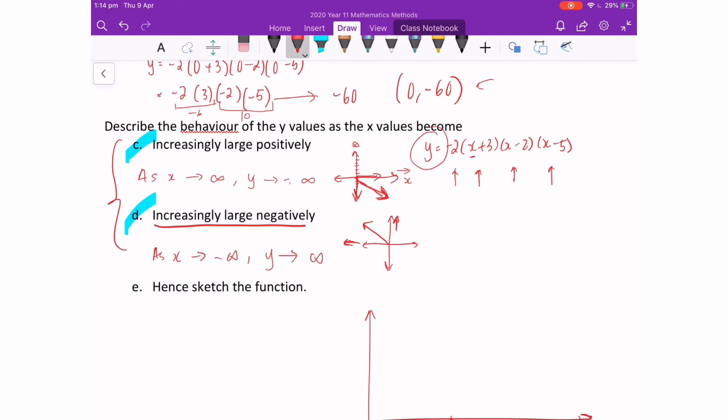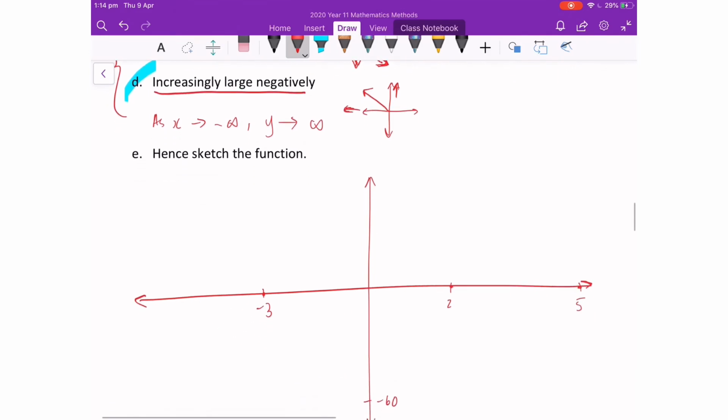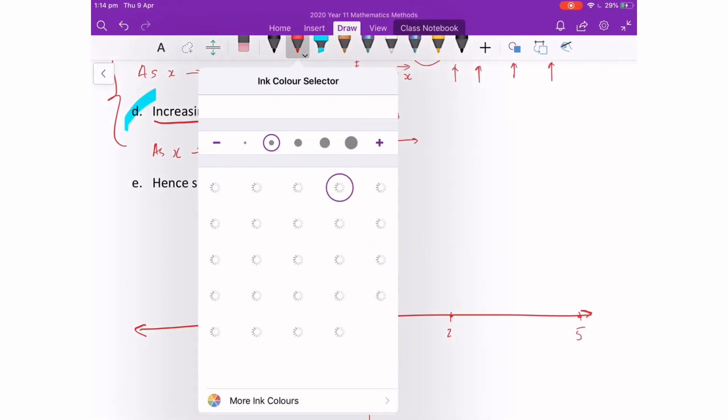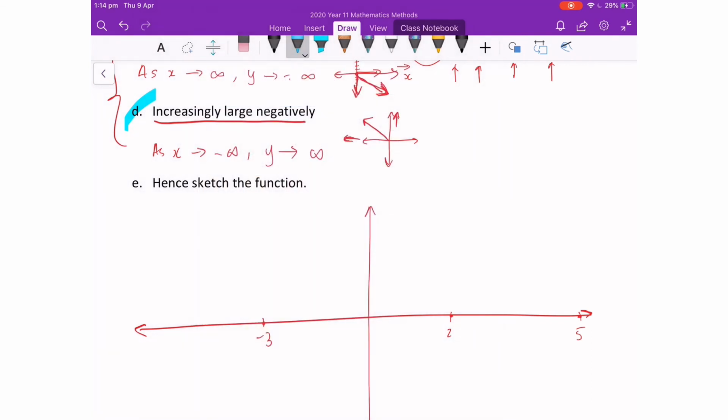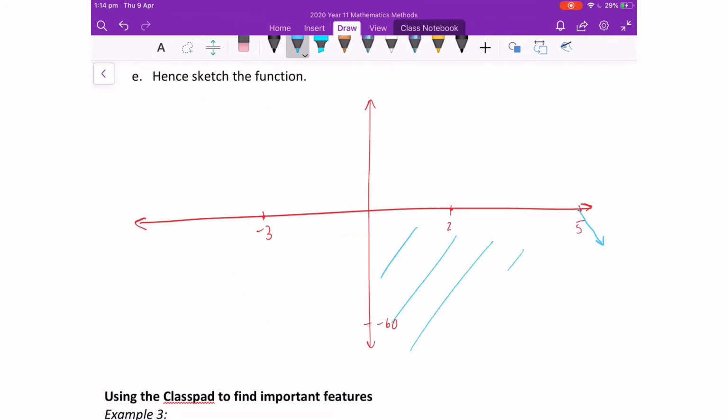So as mentioned before, as x gets bigger, y gets smaller. So it's telling me as x gets bigger, I'll use a different color. As x gets bigger, y is smaller. So it's going into this quadrant here, isn't it?